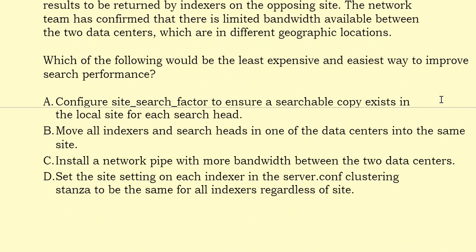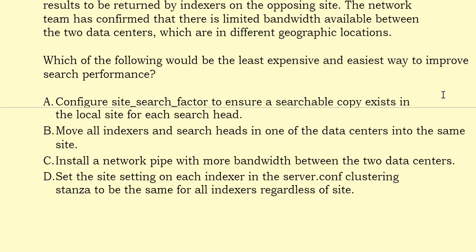Option A, configure site_search_factor to ensure a searchable copy exists in the local site for each search head. Option B, move all indexers and search heads in one of the data centers into the same site. Option C, install a network pipe with more bandwidth between the two data centers.